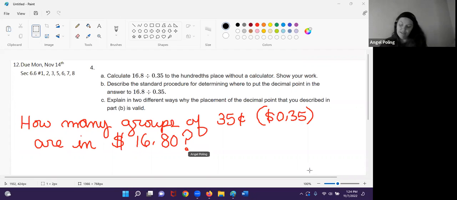Right, that's one way of looking at it. So you've got this bus money, and it costs 35 cents every time you get on the bus. So how many times can you ride the bus with your $16.80? We showed through previous work that you would be able to ride the bus 48 times, right? This is one way of trying to visualize it for yourself, especially in terms of decimals, right?